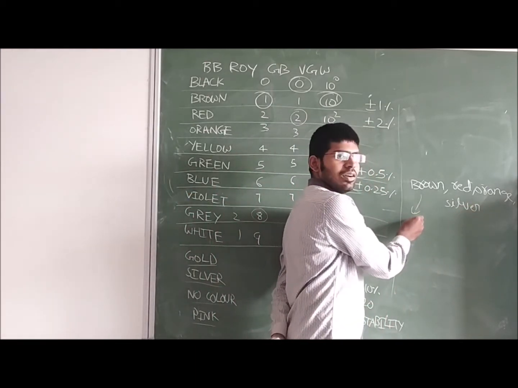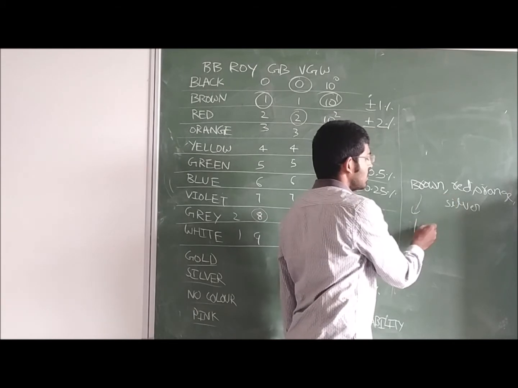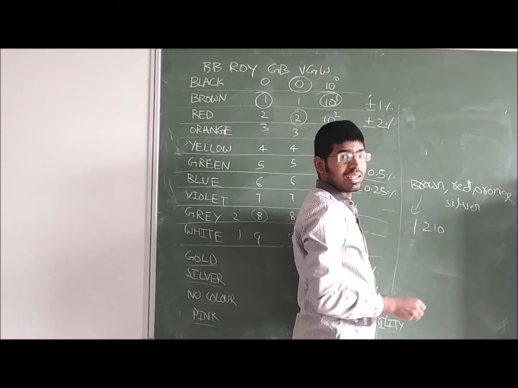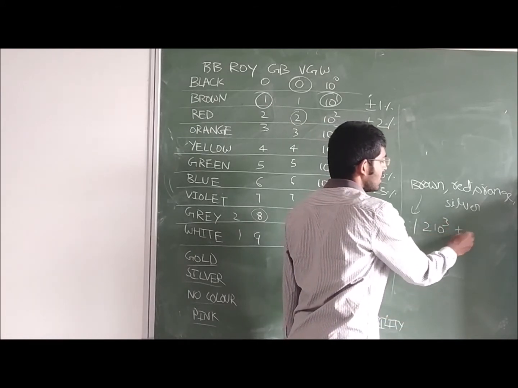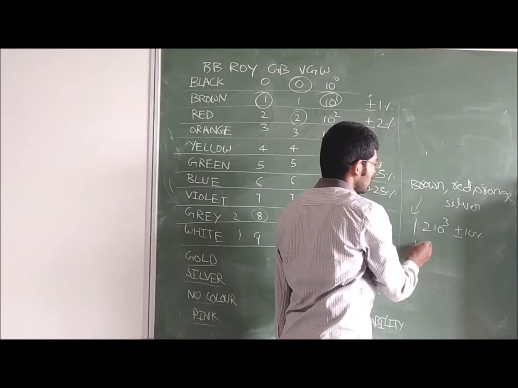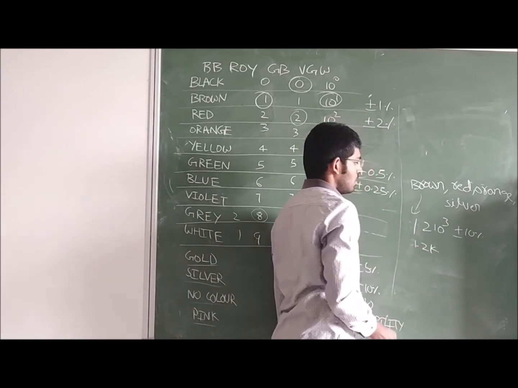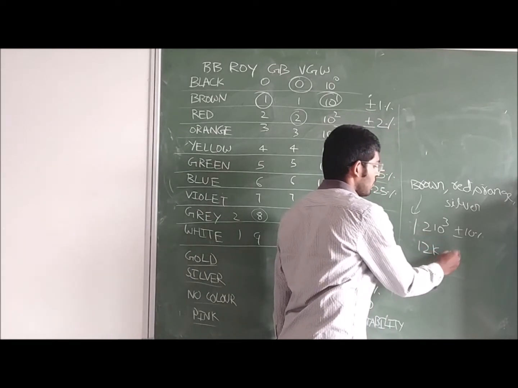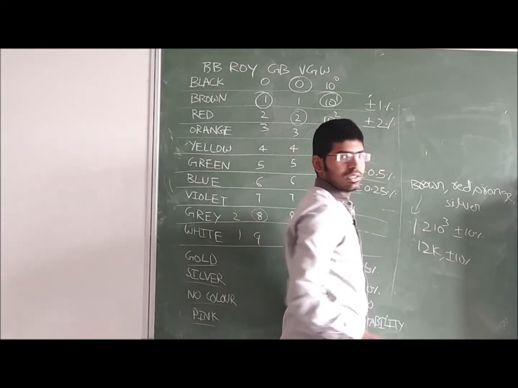Brown means 1, red means 2, orange means 10 to the power 3, silver means tolerance. So this is 12K, right? You are correct. 12K with plus or minus 10% tolerance.